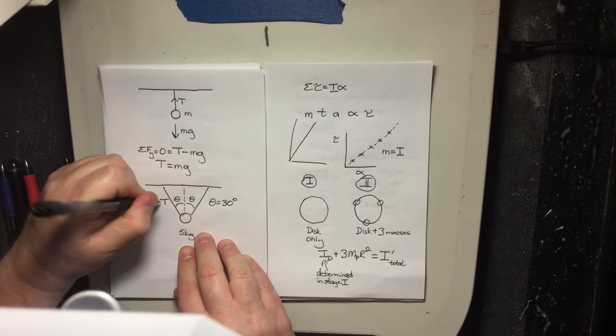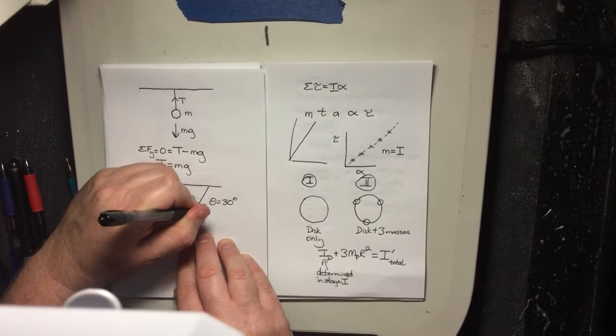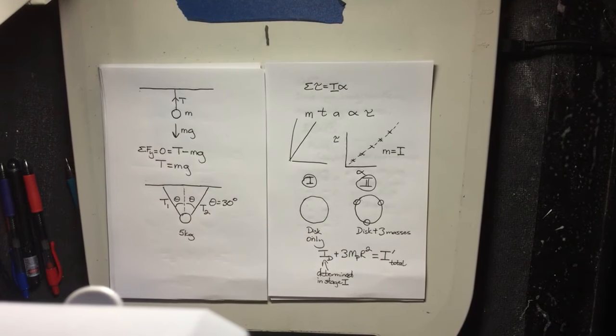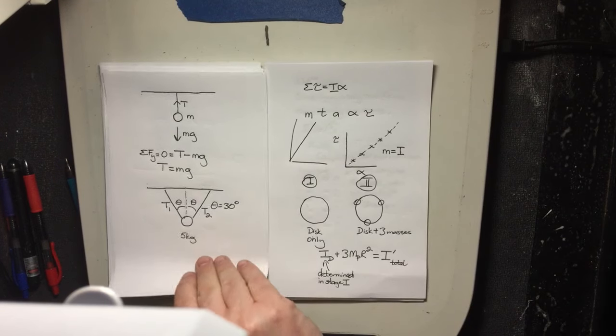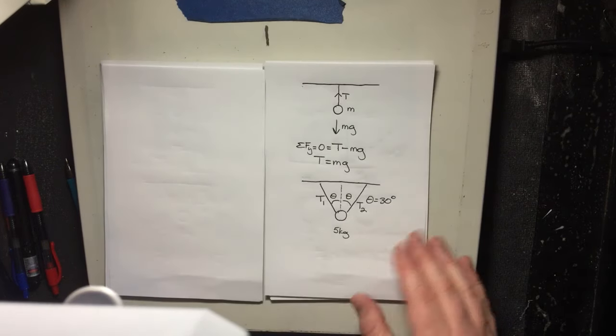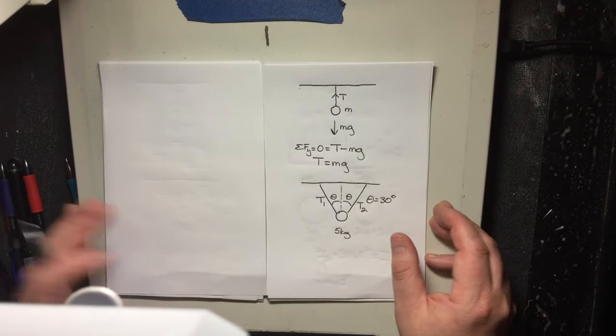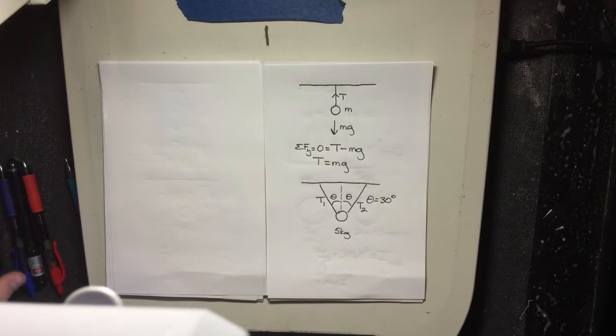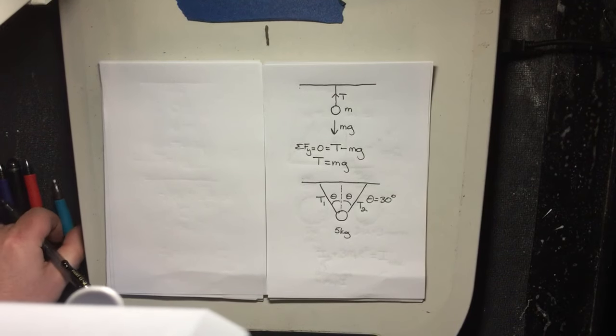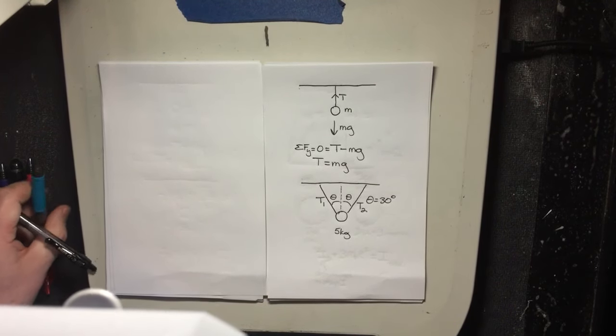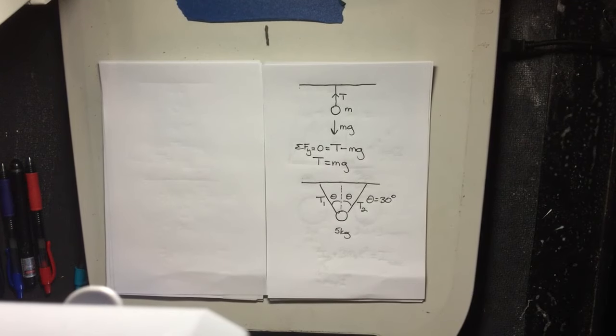And the question is, what are the tensions in the string? Now things get slightly more complex. One of the things that the student can ask again is, is this thing moving? And I go, no, it's not moving.